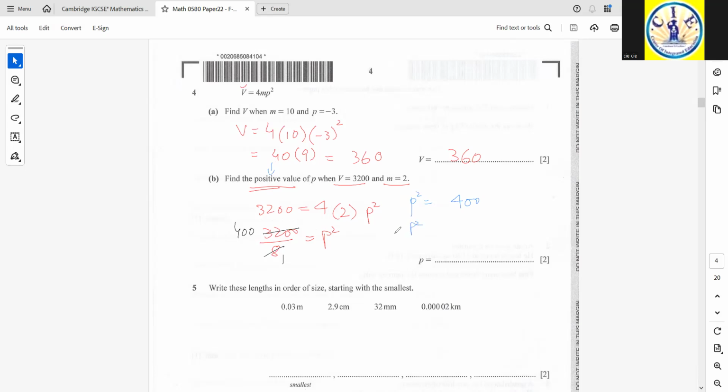Square root of 400 with a plus and minus sign as well. The square and square root are inverses of each other, so these can be cancelled and this will give me plus minus 20. And the positive answer is obviously 20. So this is how these questions are to be solved.